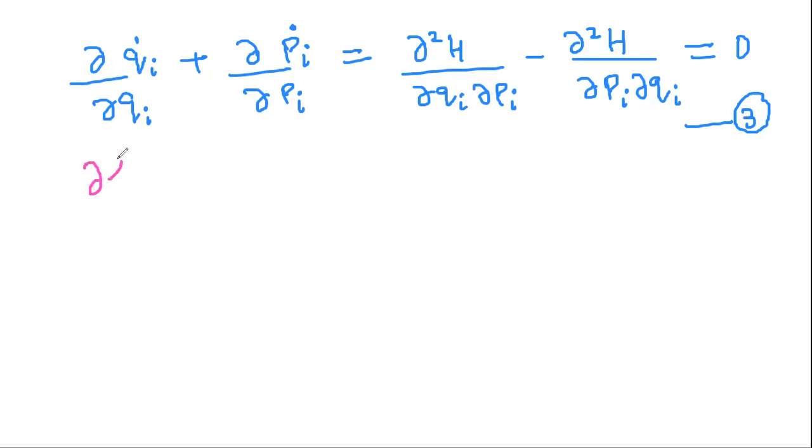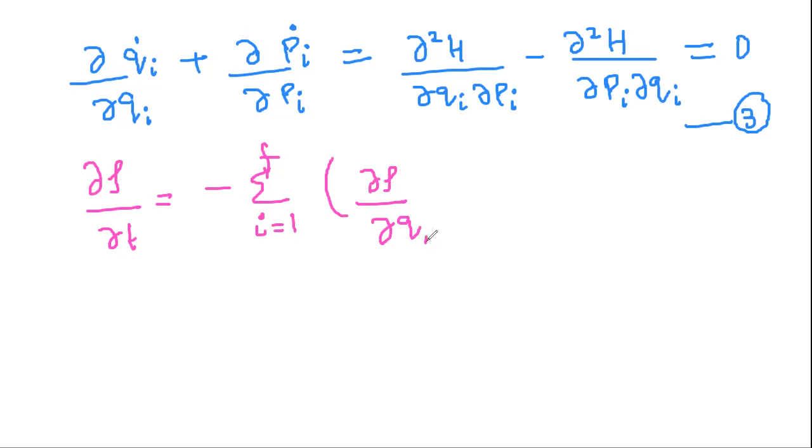I wrote another equation: dou rho by dou t equals minus summation i equal to 1 to f, inside the sum dou rho by dou qi times qi dot plus dou rho by dou pi times pi dot.